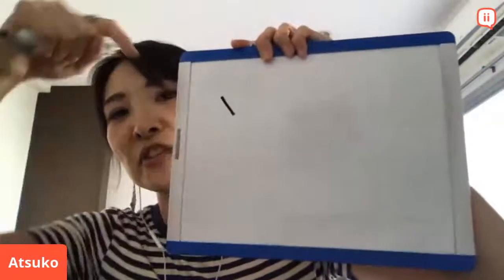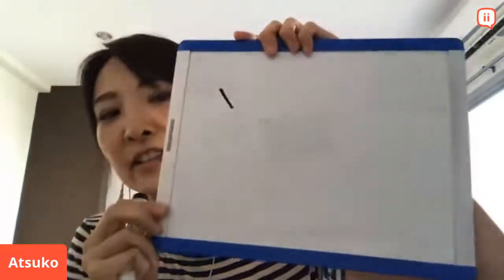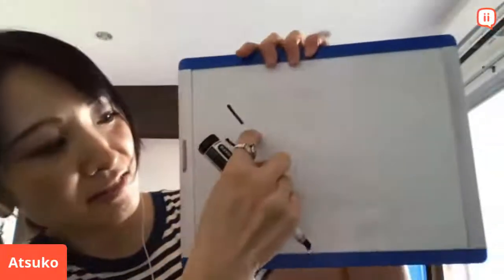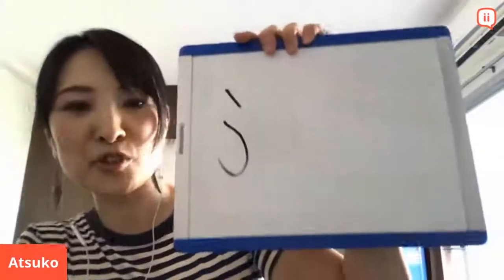Next, fu is a little difficult. I think each font has a different style of fu, so you should know which one is the standard. The first stroke is short, go down to the right. Second stroke, go down, curve, up, non-stop.